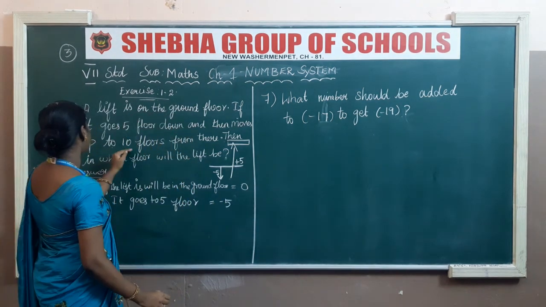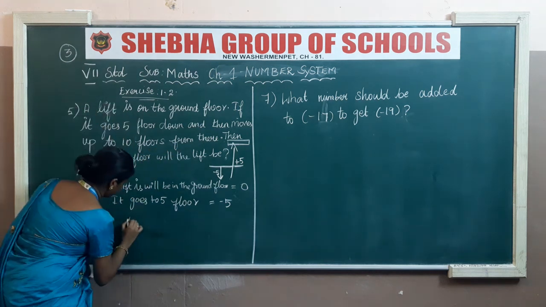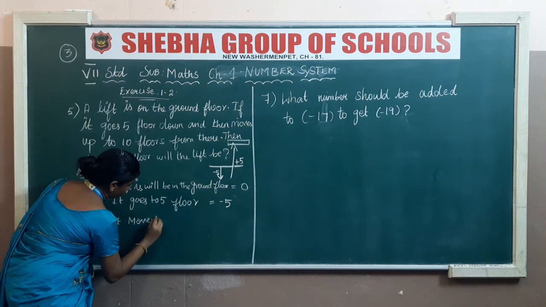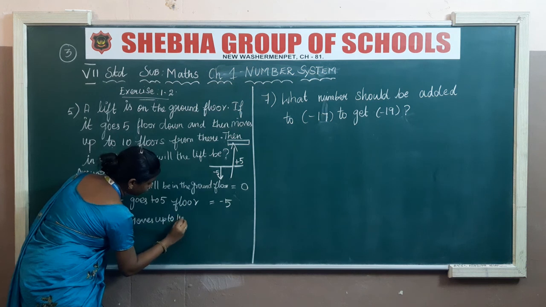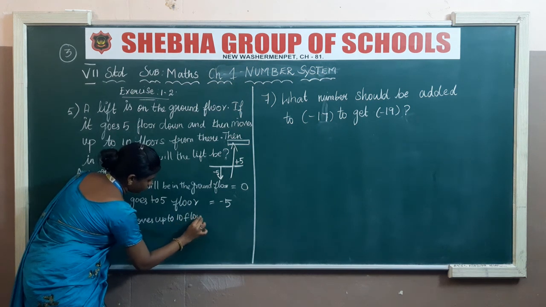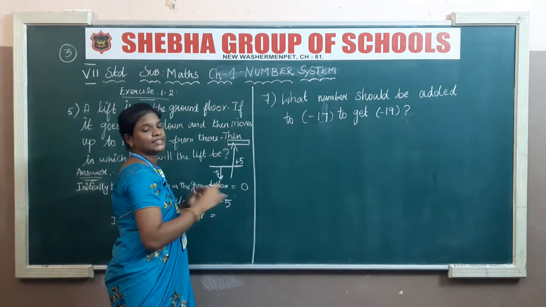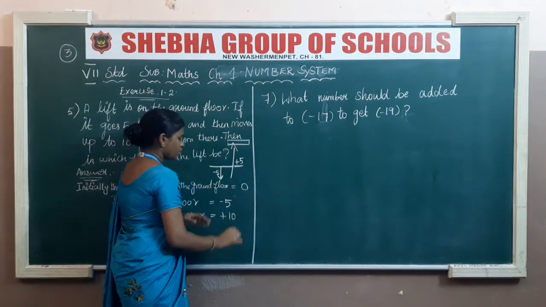Then it moves up 10 floors from there. Moves up means positive 10, so we have to write plus 10.